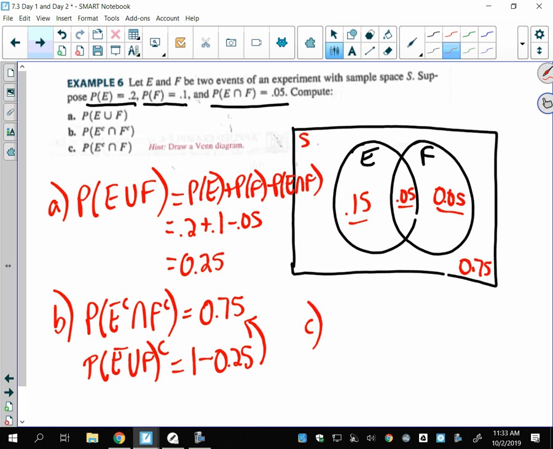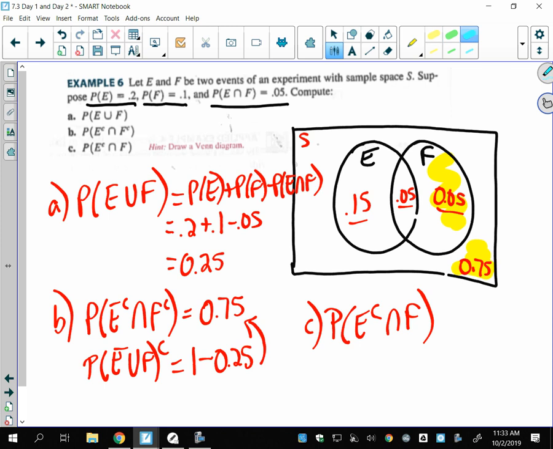I think part C is the one they gave us the hint to draw on. It says probability of E complement intersect F. Again, going back to unit 1, E complement, if I do a highlighter here, E complement would be everything not in E. So that would be this and the outside part, right?